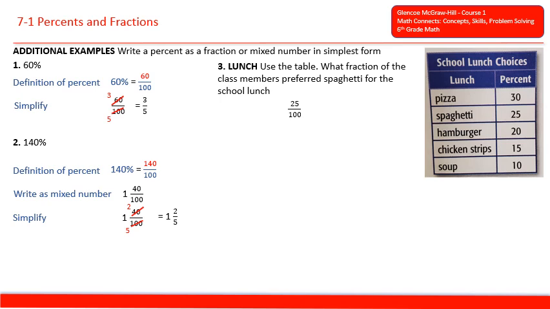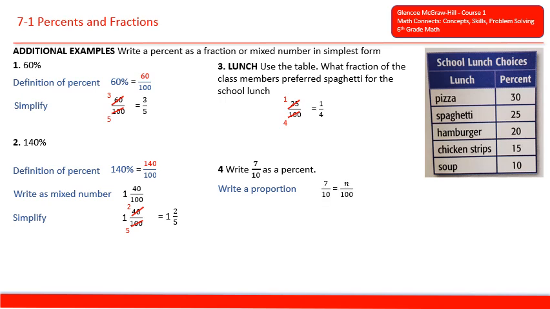So 25 for spaghetti and 100 for the total. If we simplify this, the greatest common factor of 25 and 100 is 25. So we get 1/4.